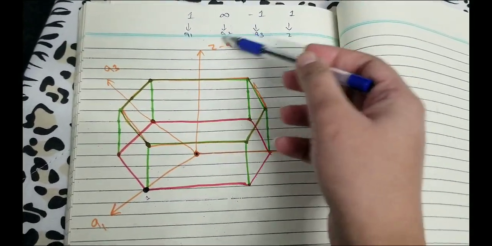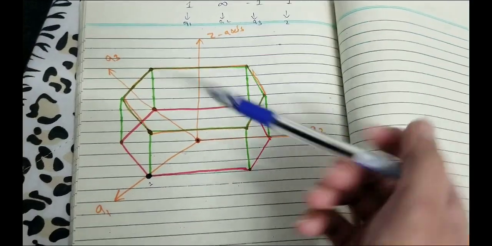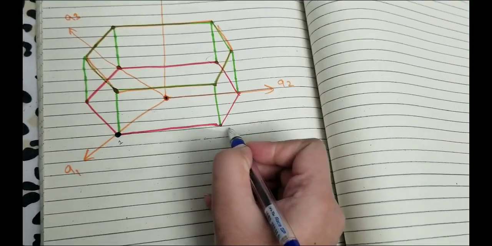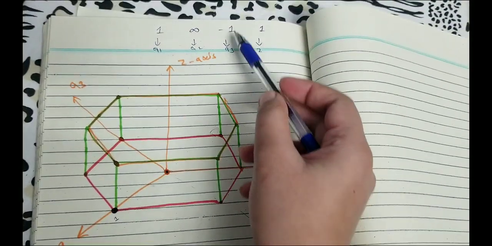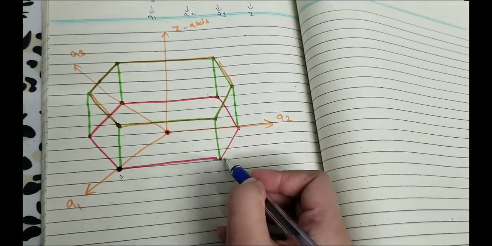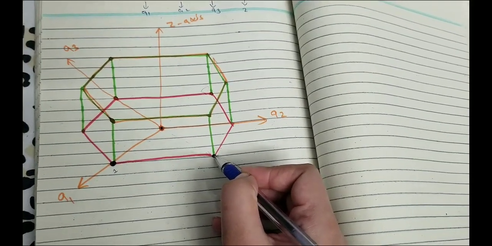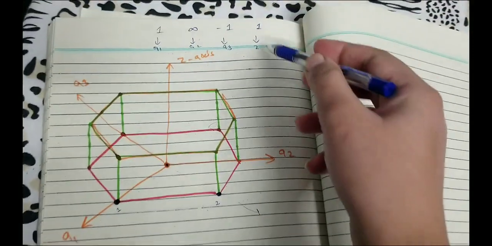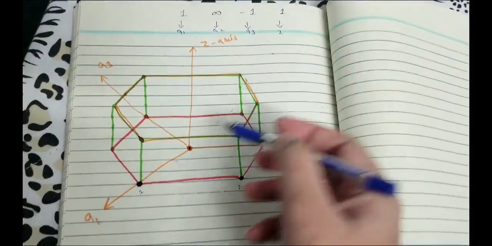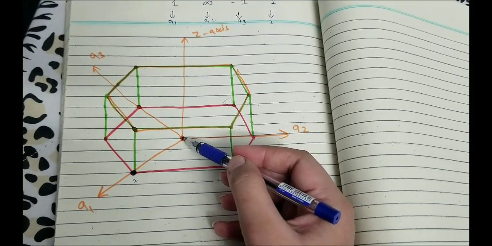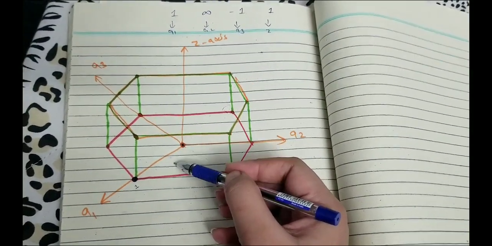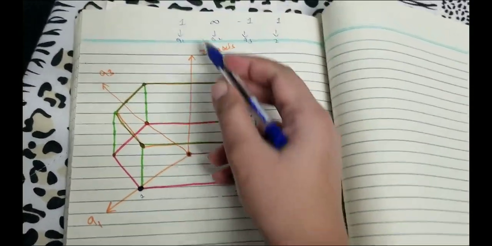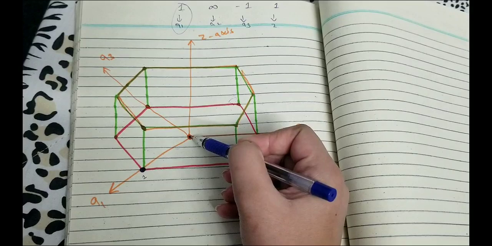Next, A2 is infinity, leave it. A3 is -1. Where is A3? This direction is A3, so this direction is negative A3, and since it is 1 unit, it means going to the other corner of the unit cell along the negative A3 direction, which is this point. This is the second point on the plane. And the third one is 1 unit along Z. Whenever you are drawing the planes, you have to move starting from origin every time for each point. For the first I started from origin, this point.